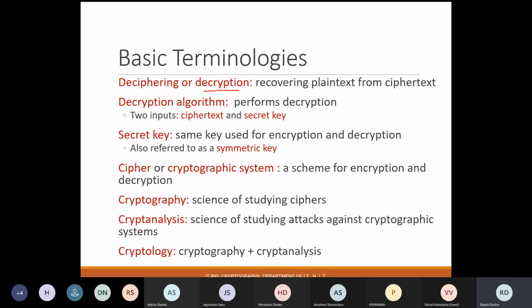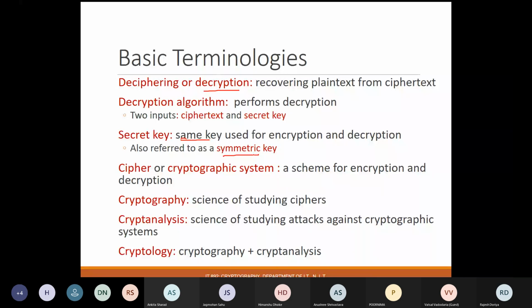If you want to define a secret key, we can say it is a key which is used for encryption and decryption. If you are talking about the symmetric one, then we are going to use the same key. If you are talking about asymmetric key cryptography, then different keys are going to be used. At this point of time, we are referring to symmetric key cryptography.